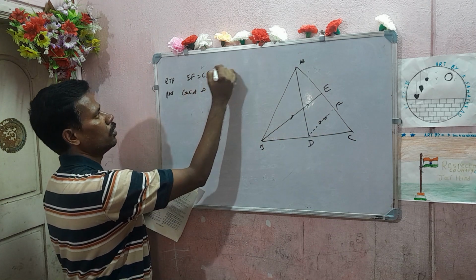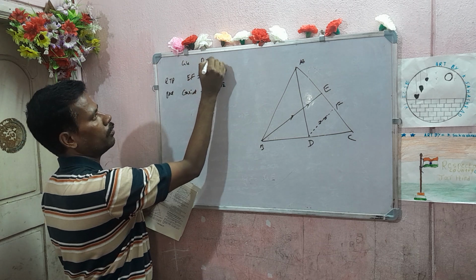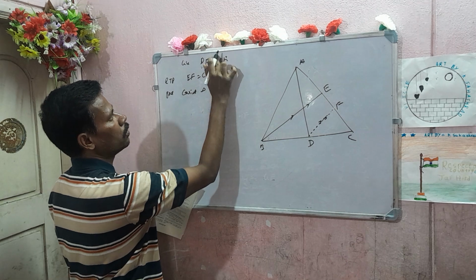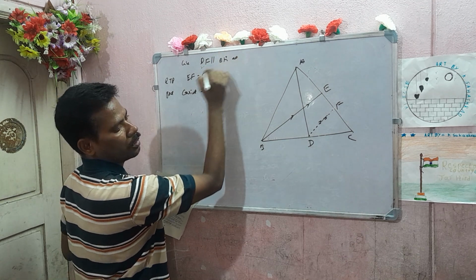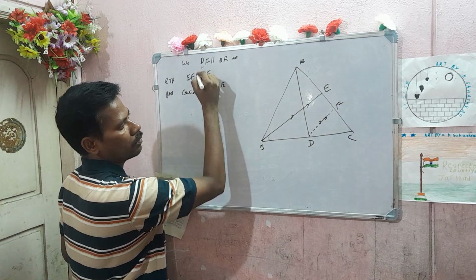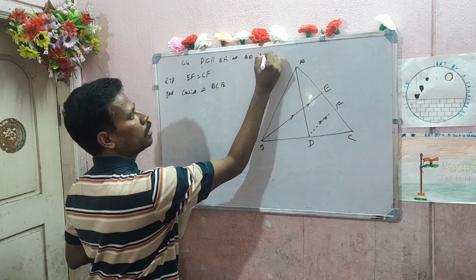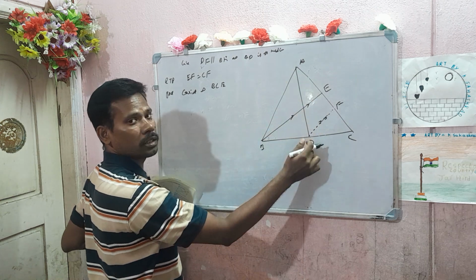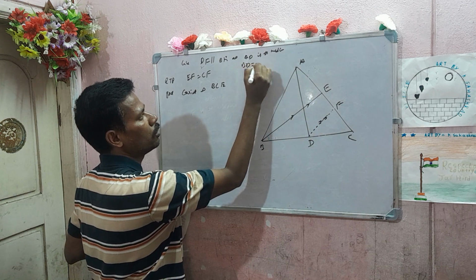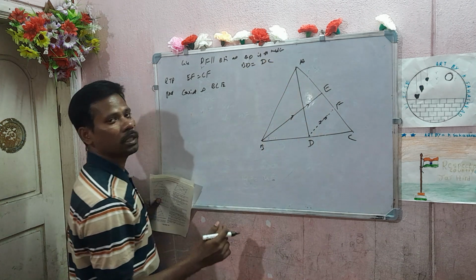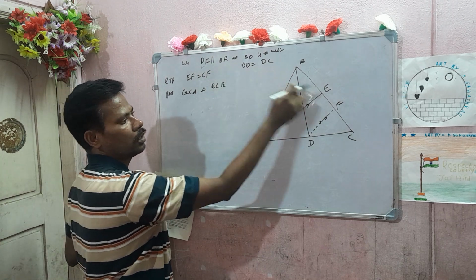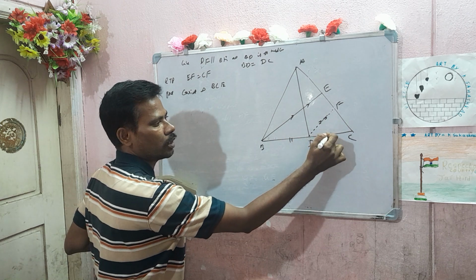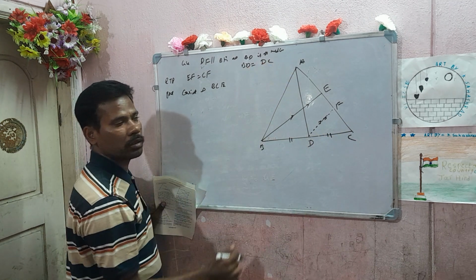Already given, DF is parallel to BE, and AD is the median. That means BD is equal to DC. Median means dividing the segment into two equal parts.